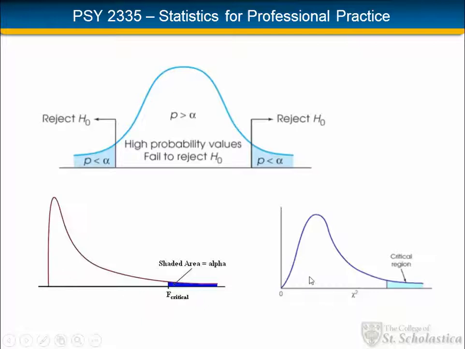It's usually left blank. And then another area that's defined as low probability if the null hypothesis were true. And if our statistic falls in this area that would be unlikely to happen if the null hypothesis is true, then we say, well, I guess the null hypothesis is not true, and we reject it.